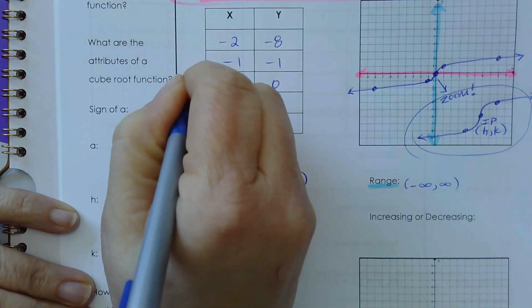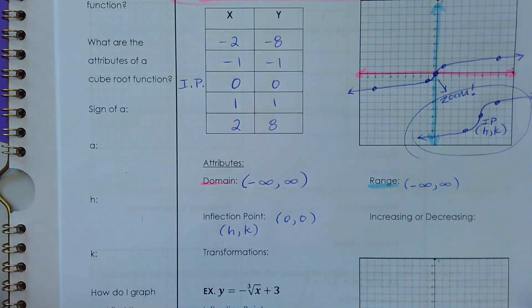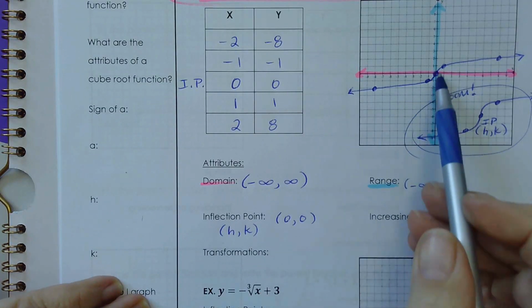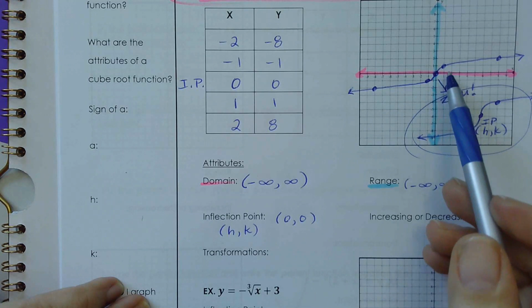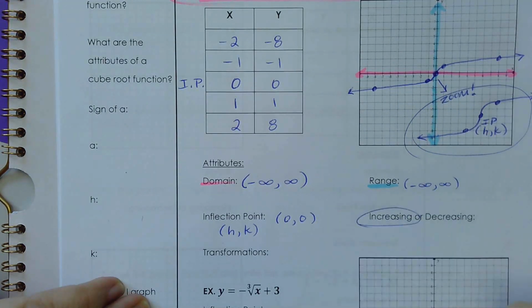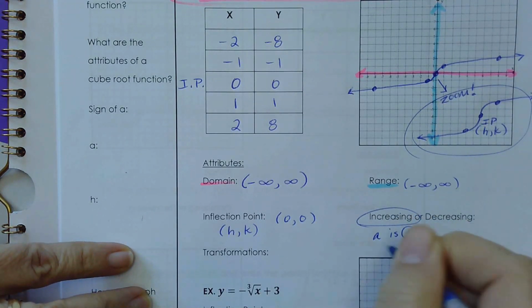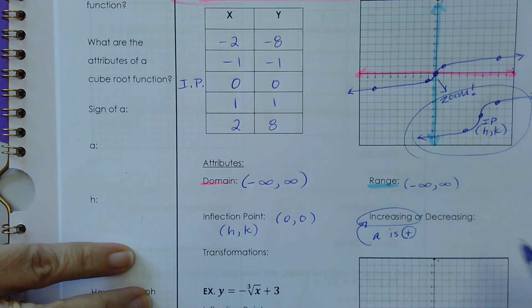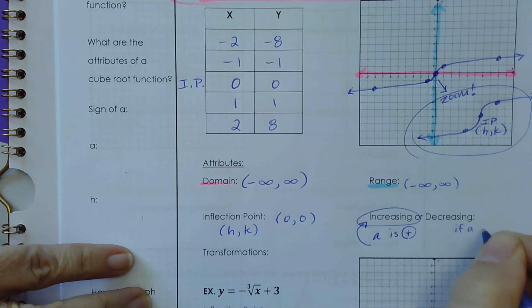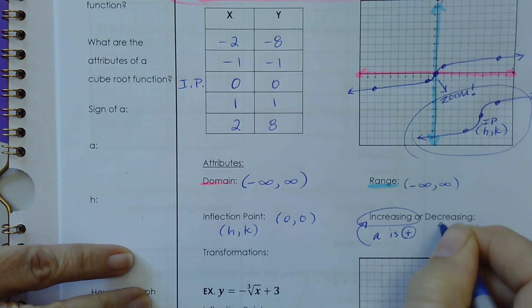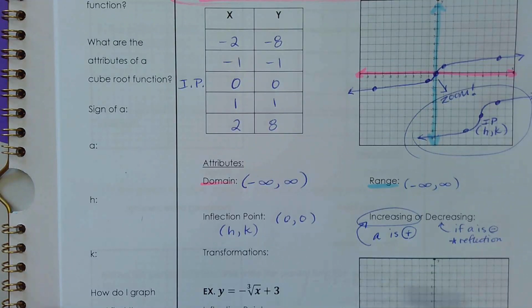The graph really is increasing as I go from left to right: x's get bigger and y's get bigger. The graph will be increasing. I don't need to say more, this is the parent graph.